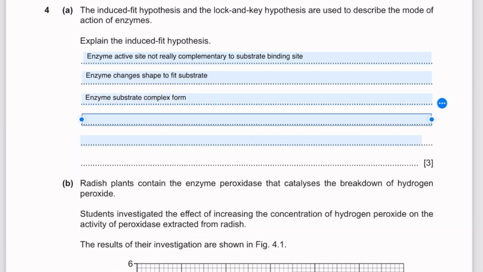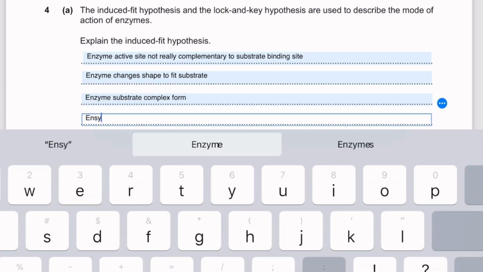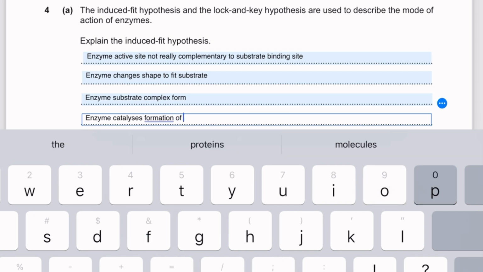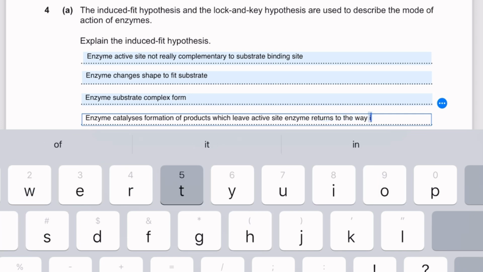And lastly, you talk about how the enzyme catalyzes the formation of products, which leave the active site. The enzyme returns to the way it was.